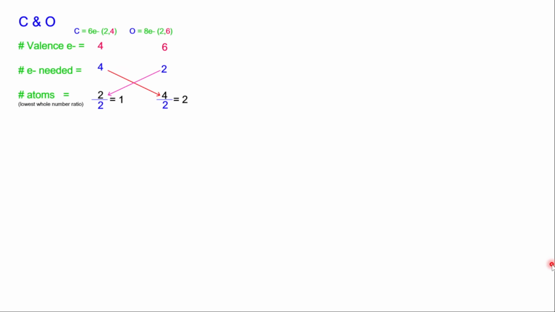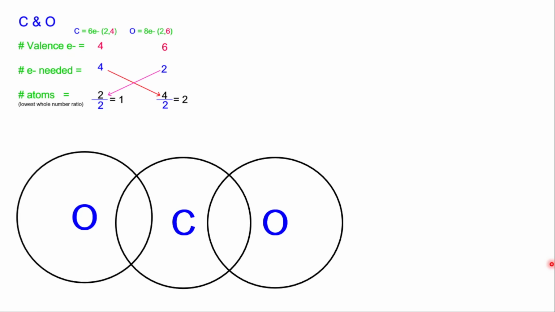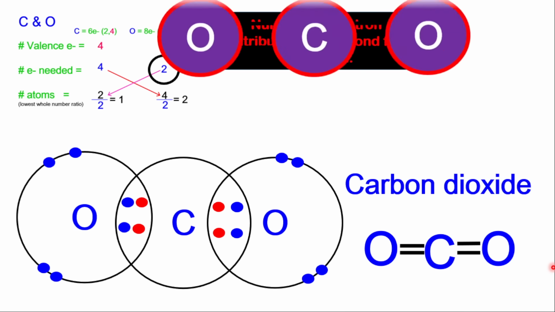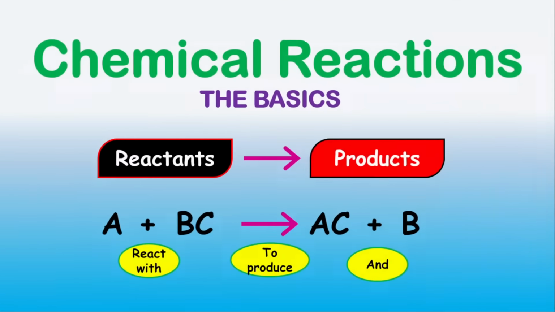And so carbon dioxide will just be CO2. And again, we only have double bonds here based upon the number of electrons needed. The lowest number needed here is 2. That means we're going to form double bonds. So those are double bonds there. I hope you mastered that part so far.